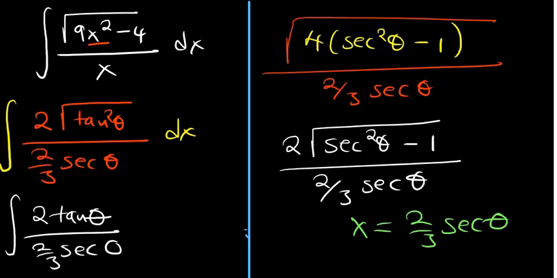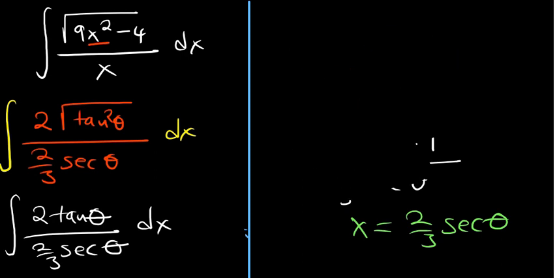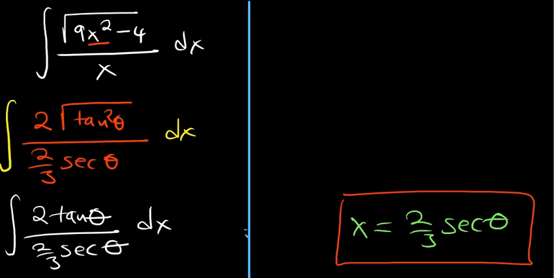Okay, so after reaching this point now, we can do away with the dx, since we just want to remain with theta. So let's do away with the dx there, so that we can easily now integrate. So that's after you've dealt with the square root. I suggest you do that. So our x value is equal to this. So our dx, the derivative of x, what's the derivative of secant?